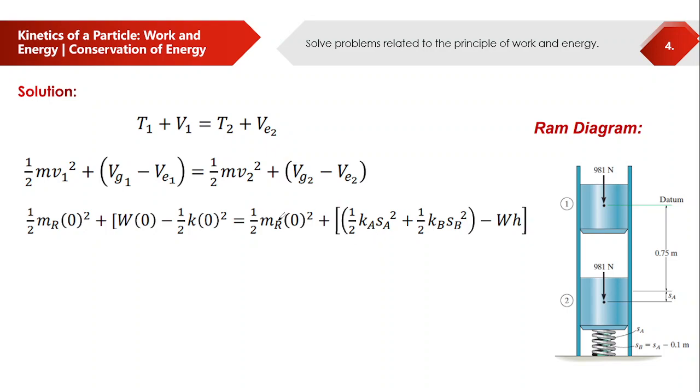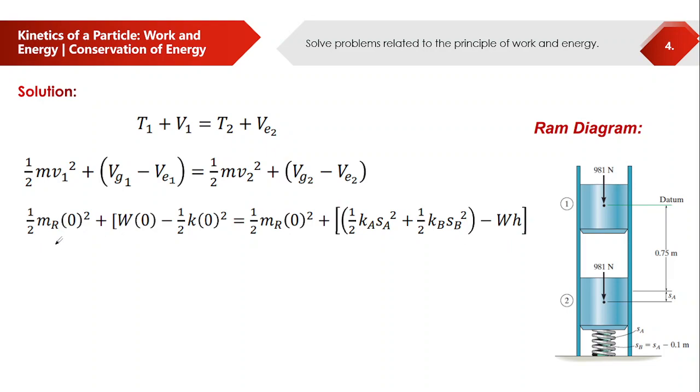Kailangan ding i-consider yung stoppage ng ram natin because of the spring, no? Plus the 1/2, okay? K sub A times S sub A squared plus 1/2 of K sub B times S sub B squared kasi dalawang spring to. Okay? So dalawang spring siya kasi dalawang spring yung non-stretch, minus weight times height.